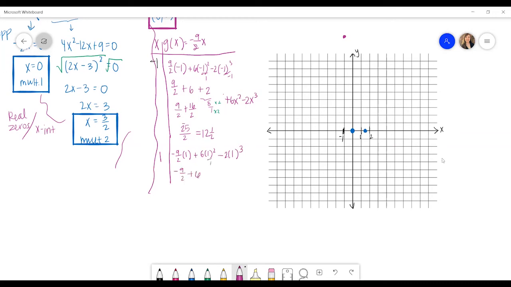So plus 6 minus 2, negative 9 halves plus 4. And 4 over 1 is going to be 8 over 2, right? We're going to say times 2. Let me actually just write that in. And that gives you negative 1/2.